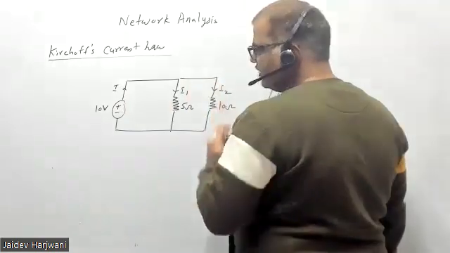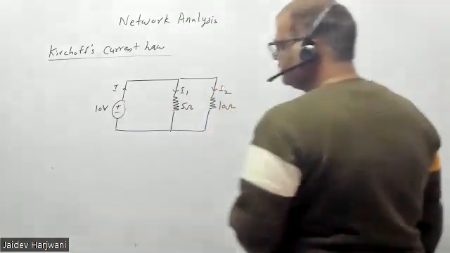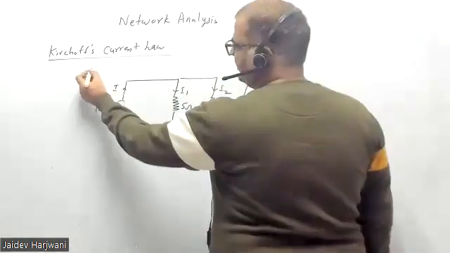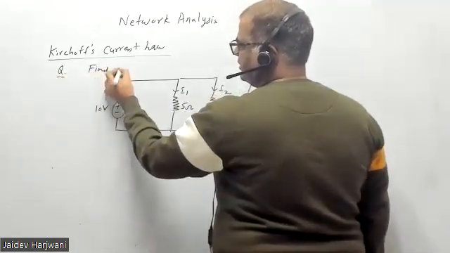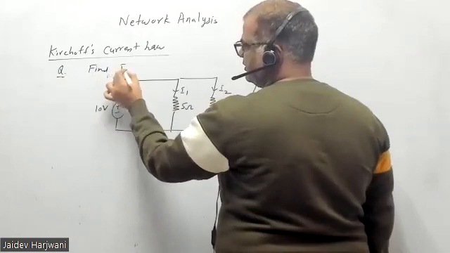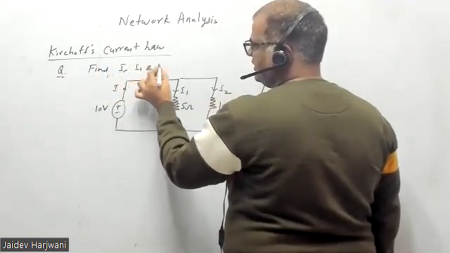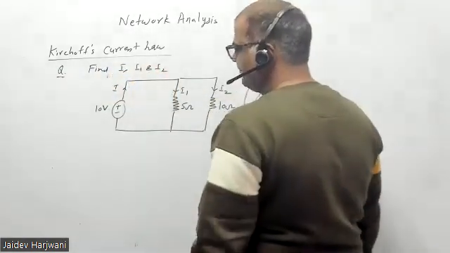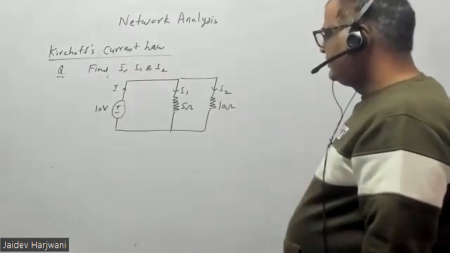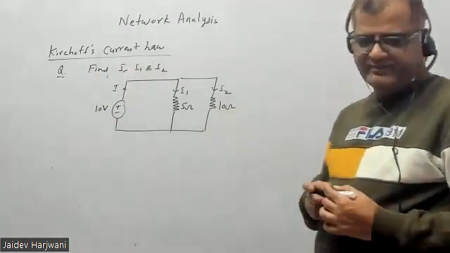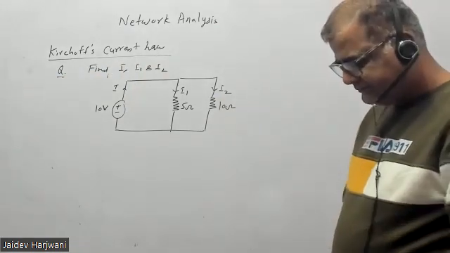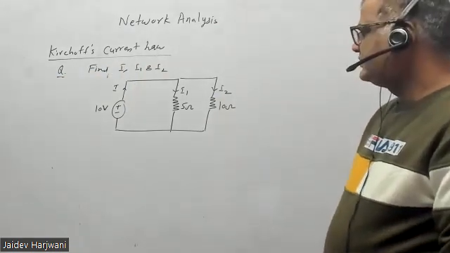This question can be solved very easily with Kirchhoff's current law. The question is to find I1 and I2. Can anyone tell me what is the value of I1?